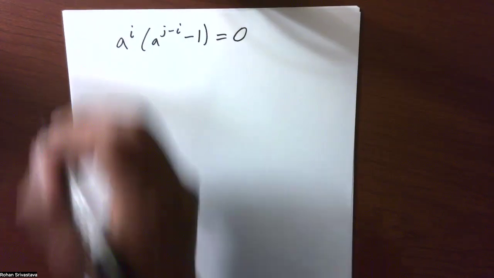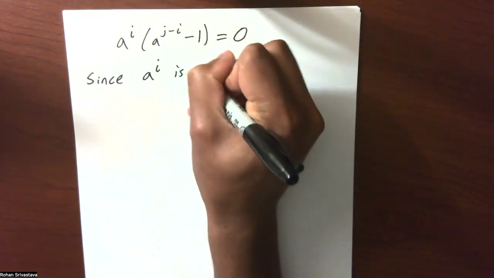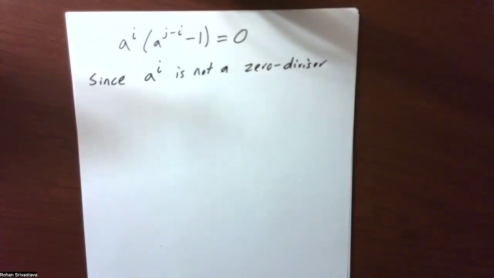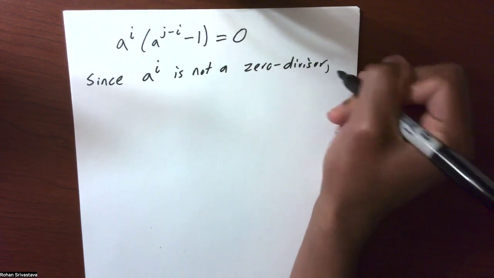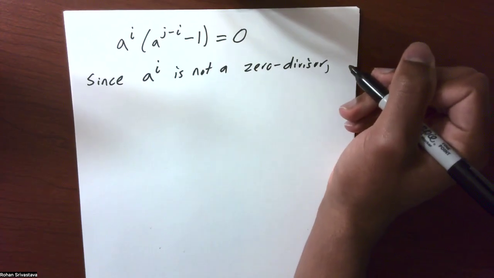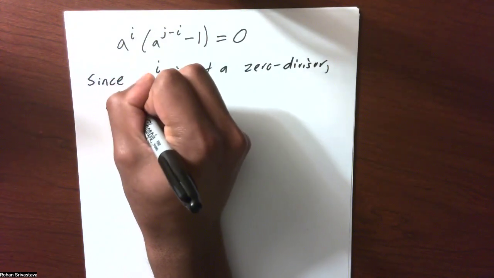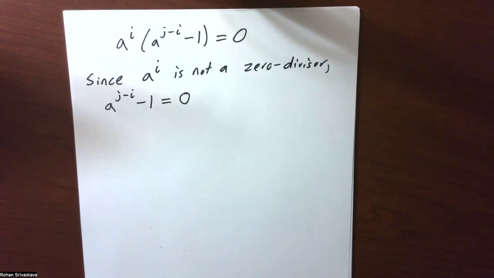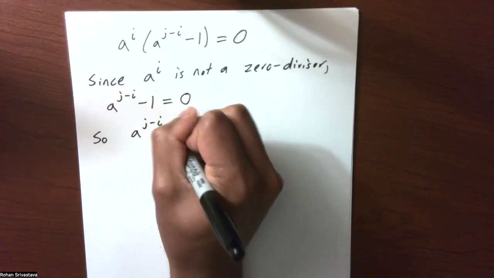And now, since A to the i is not a zero divisor, remember we proved as a lemma that no power of A was a zero divisor, that means that A to the j minus i minus 1 is equal to 0. So A to the j minus i is equal to 1.